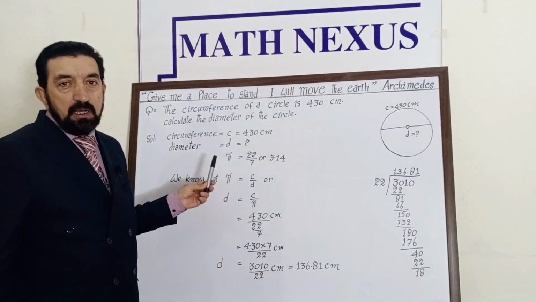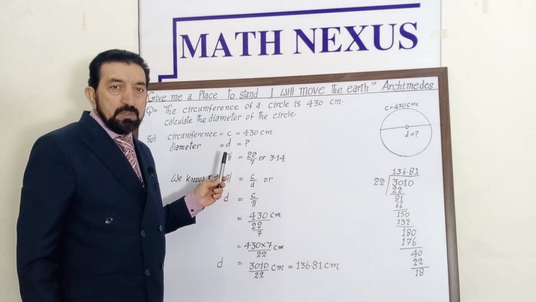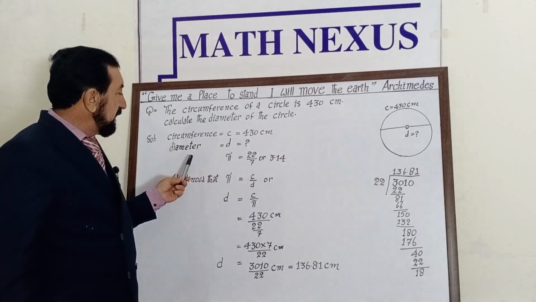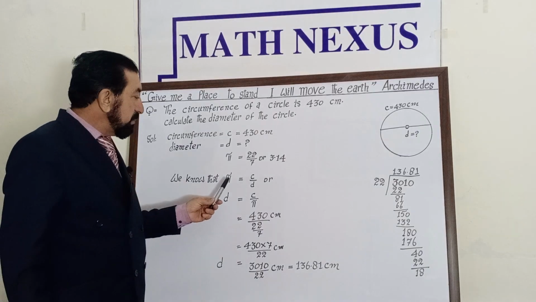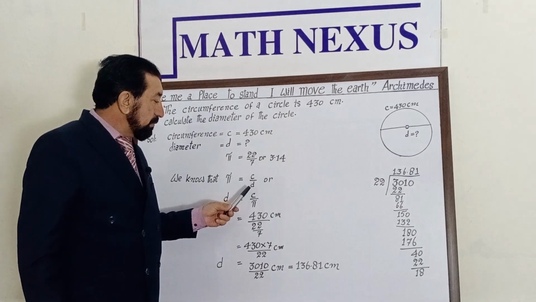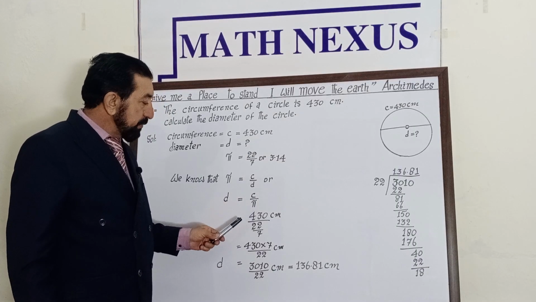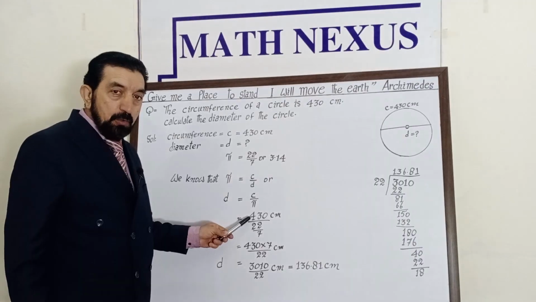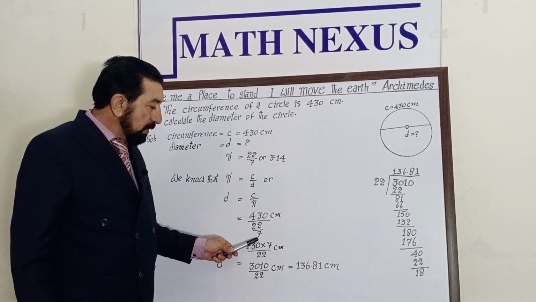As I have already discussed in my previous video about the circumference, diameter and radius, we know that pi equals C upon D. This is the formula, and D equals C upon pi. C value is 430 centimeter and pi value is 22 upon 7.